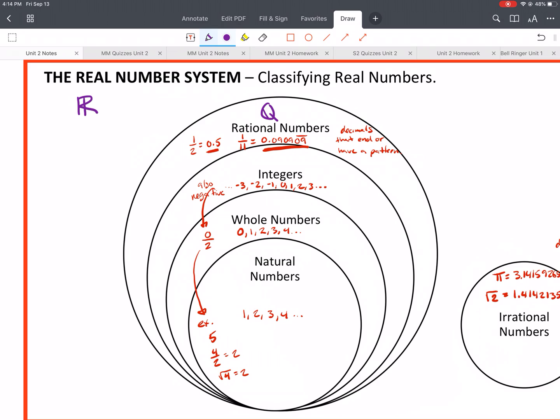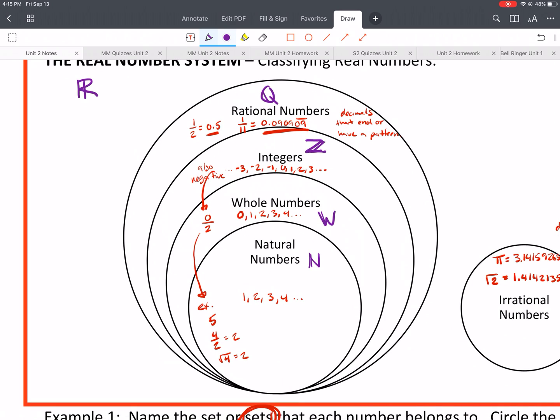Integers, also because of the Germans, we use a Z. Whole numbers, we use a W. And natural numbers, we use an N. So the only ones that are kind of different are the rational and the integers. Integers, I don't know.